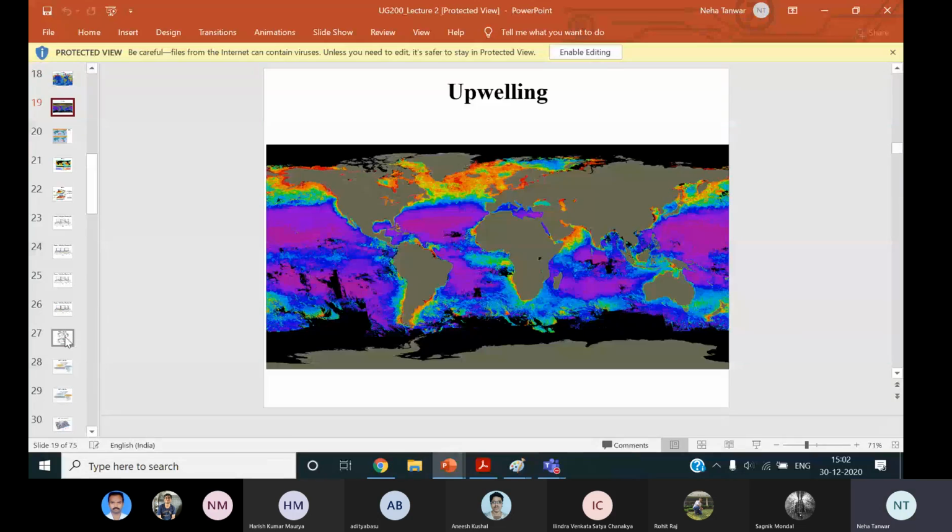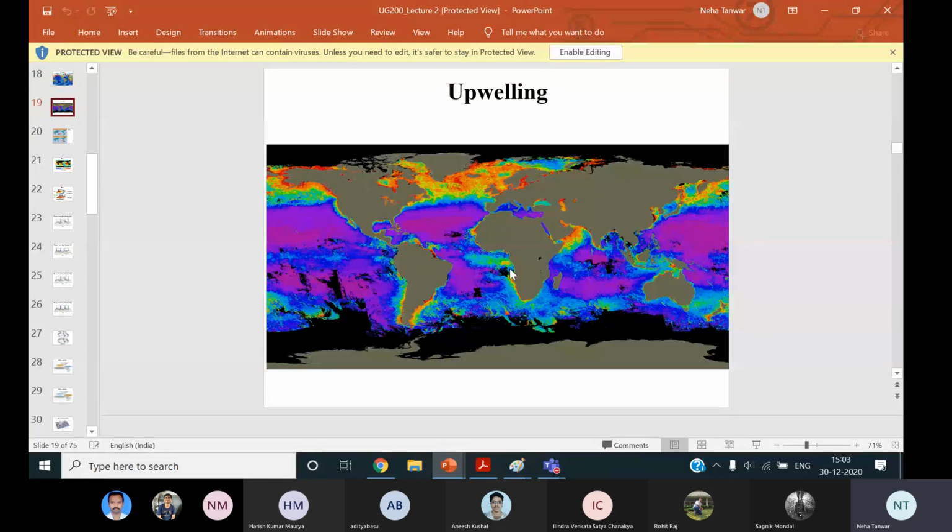Chlorophyll, upwelling. Is this chlorophyll? I think this is chlorophyll. I'm not sure.